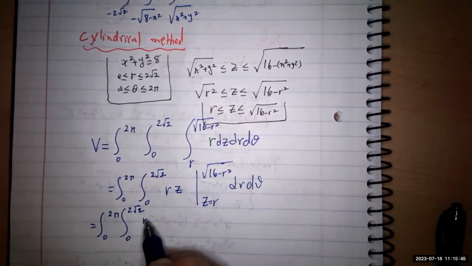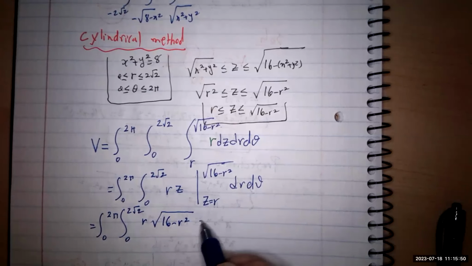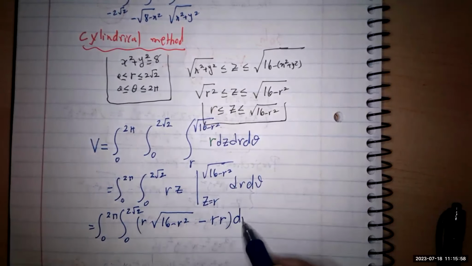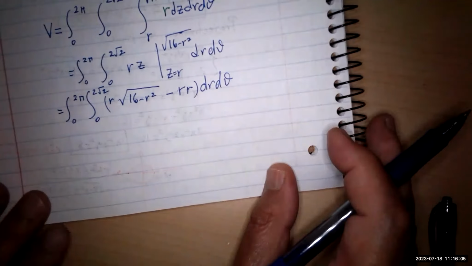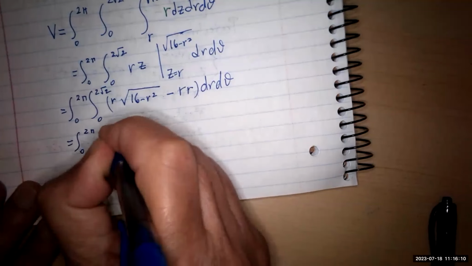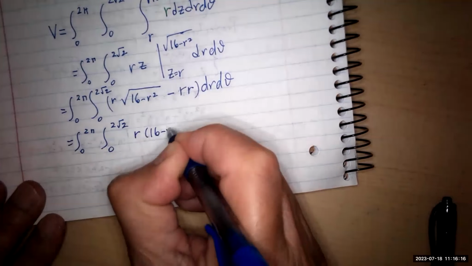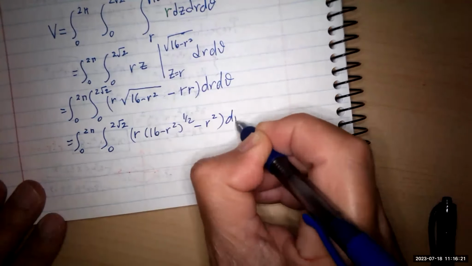When you substitute, it's going to be r times the square root of 16 minus r squared, minus r times r, then dr d theta. To take this integral, you have to change that radical, and then we get r squared. So 0 to 2 pi, 0 to 2 radical 2, inside r times 16 minus r squared to the half, minus r squared, dr d theta.